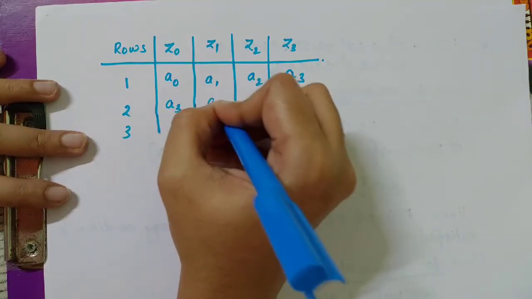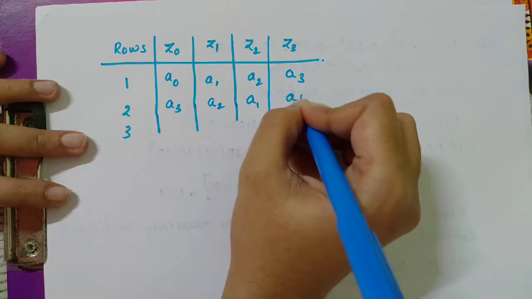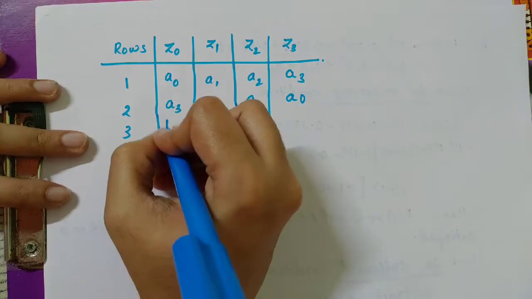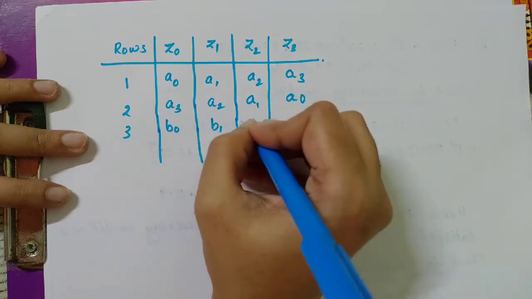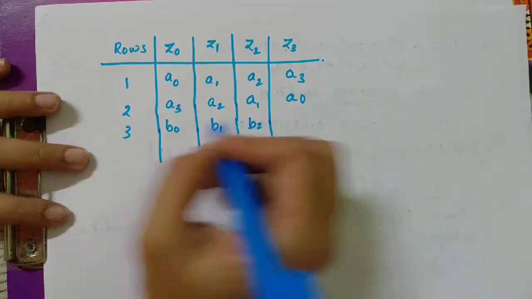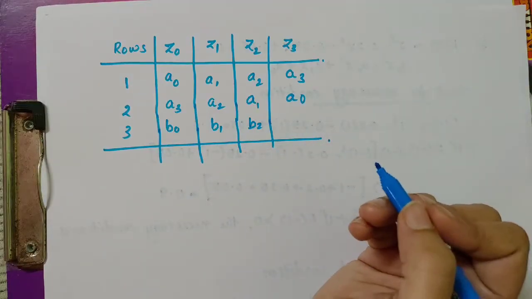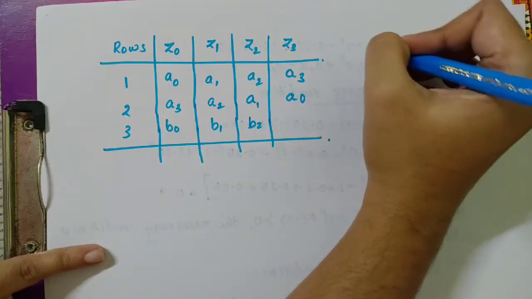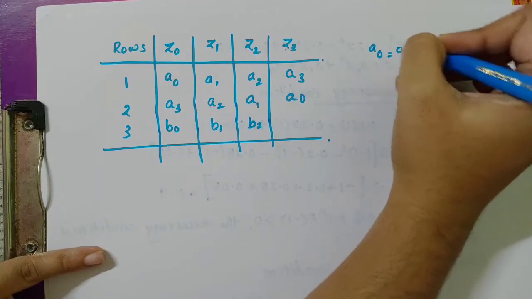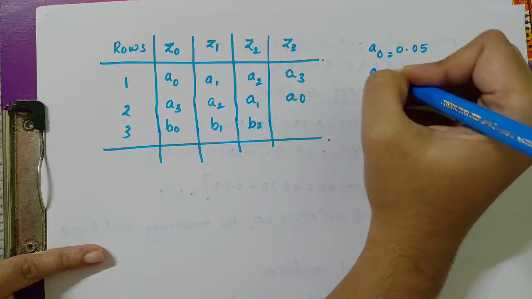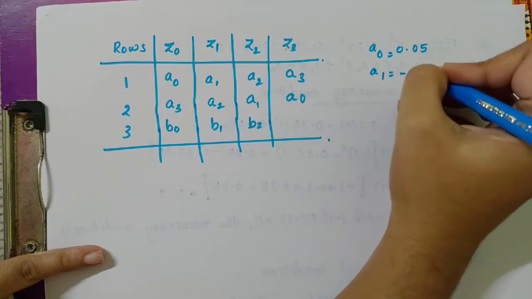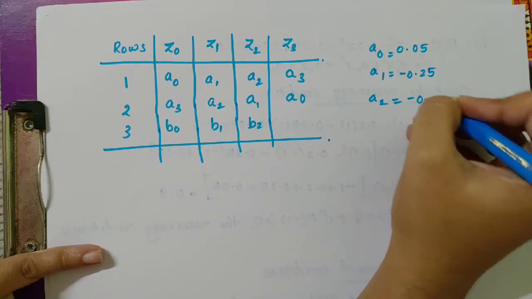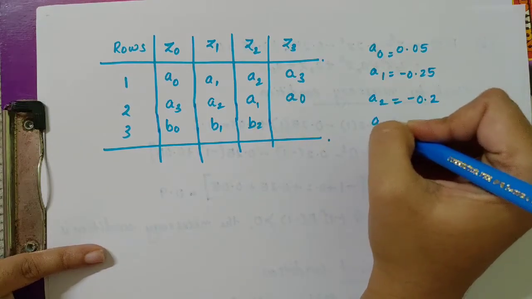A3, A2, A1, A0 and B0, B1, B2. Okay, 3 rows ഉള്ളൂ. Now A0 is equal to 0.05, A1 is equal to minus 0.25, A2 is equal to minus 0.2 and A3 is equal to 1.